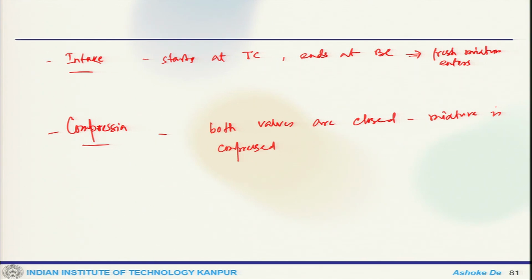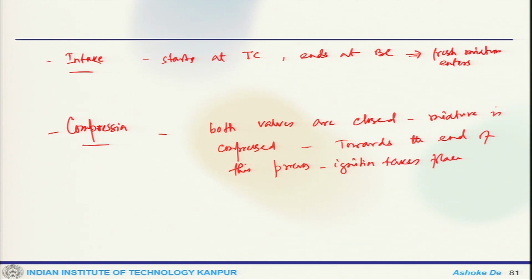Now, toward the end of the compression stroke, ignition takes place through the spark plug. So, the combustion is immediately initiated and the cylinder pressure increases quickly, that means the pressure increases rapidly.